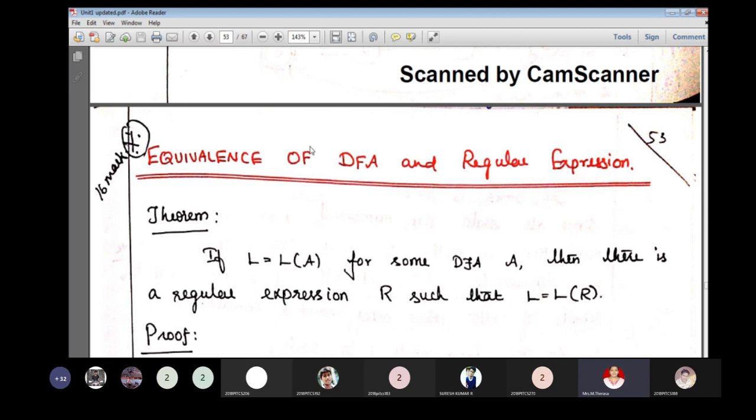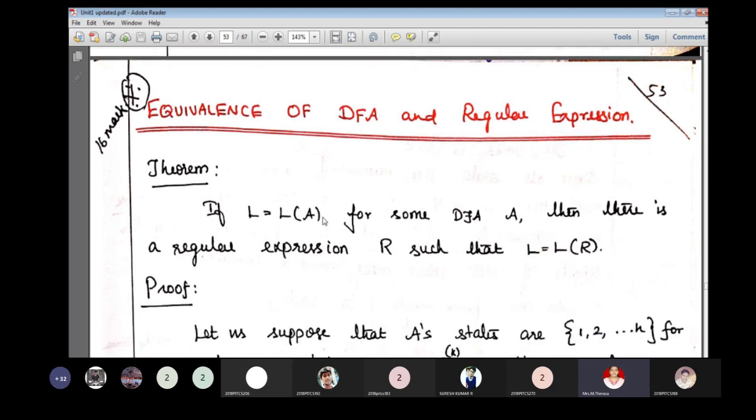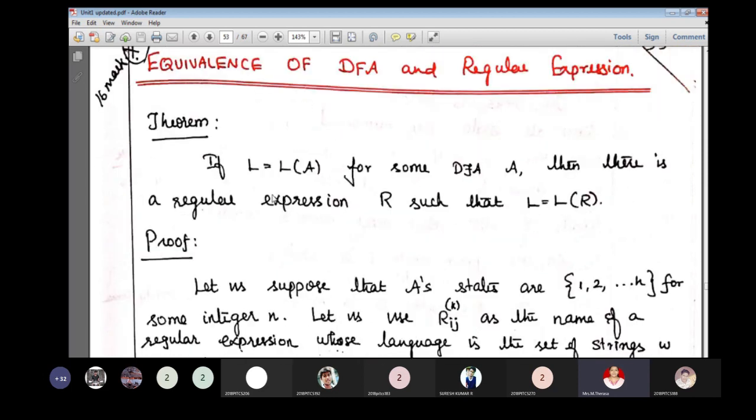So now, for the given finite automata, how can you give the regular expressions? That we will see. Here, if L is equal to L of A for some DFA A, then there exists a regular expression R such that L is equal to L of R. So what is the meaning?